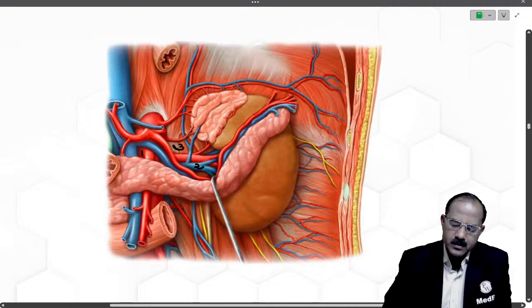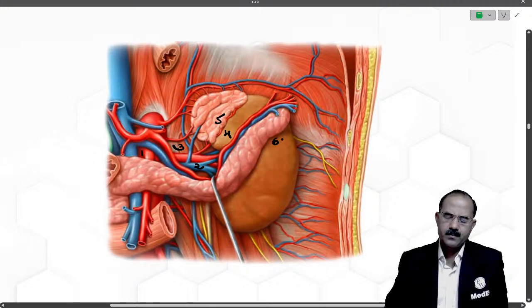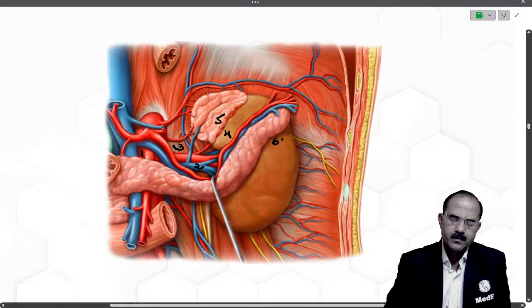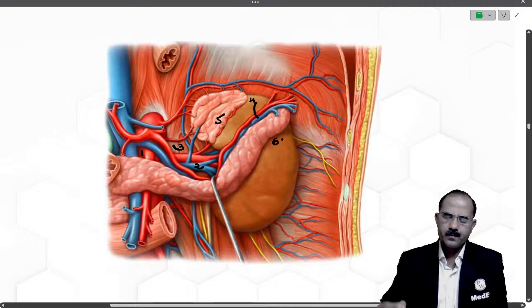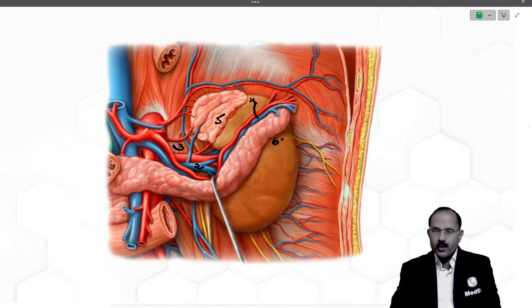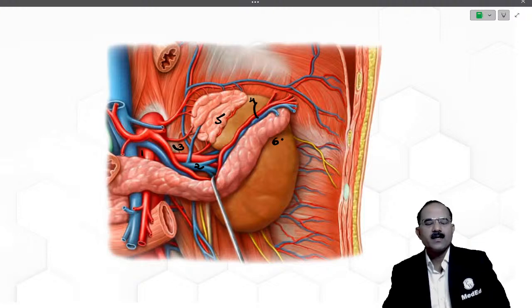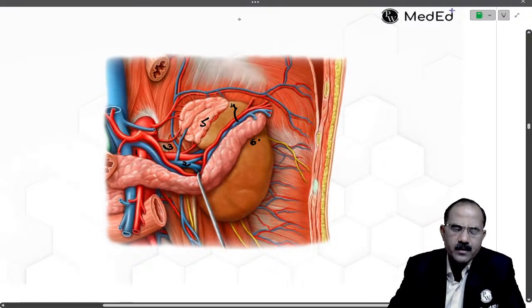Number 3 is this. 4, 5, 6, 7. Okay, come on. Posterior relations of the body of the pancreas. Anyone? So we'll start like this, from the right side to the left side.